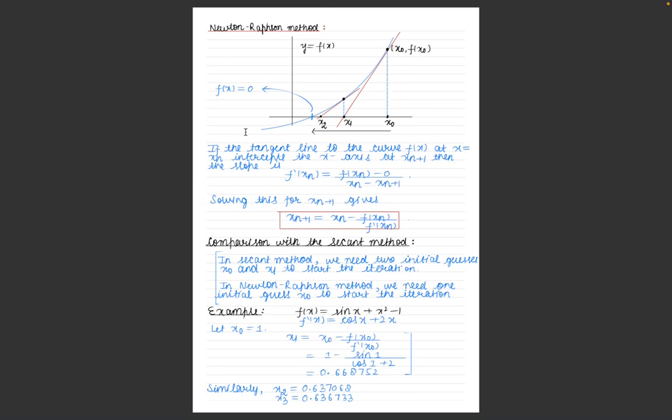We are going to continue our discussion on the numerical analysis methods. So today we'll continue our journey with the Newton-Raphson method.